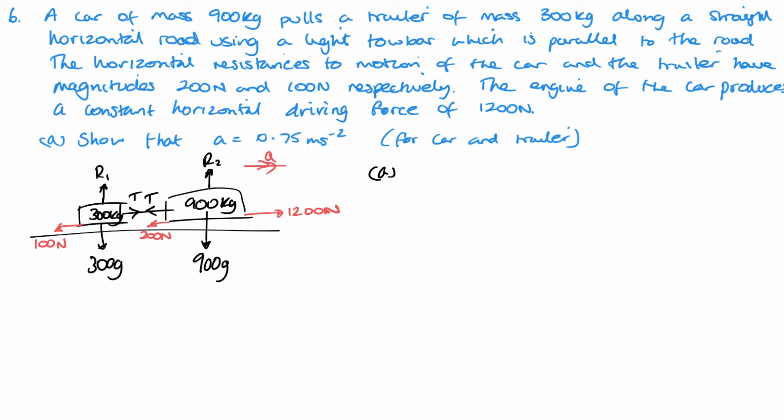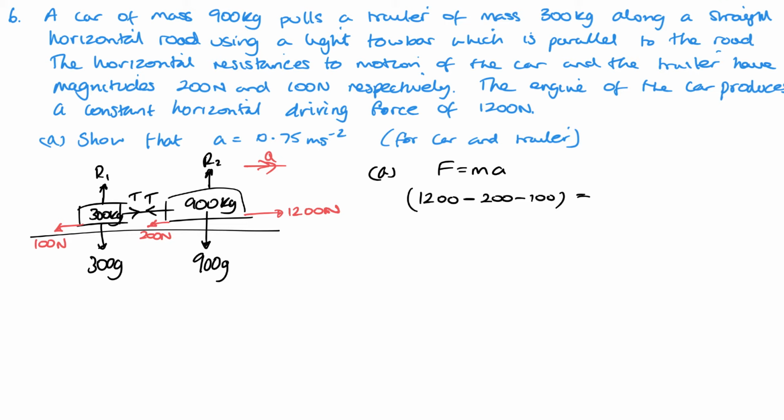We need to show what the acceleration is. So F equals ma, total force. We've got 1,200 pulling it forwards, but we're losing against that 200 and 100 from the resistances.